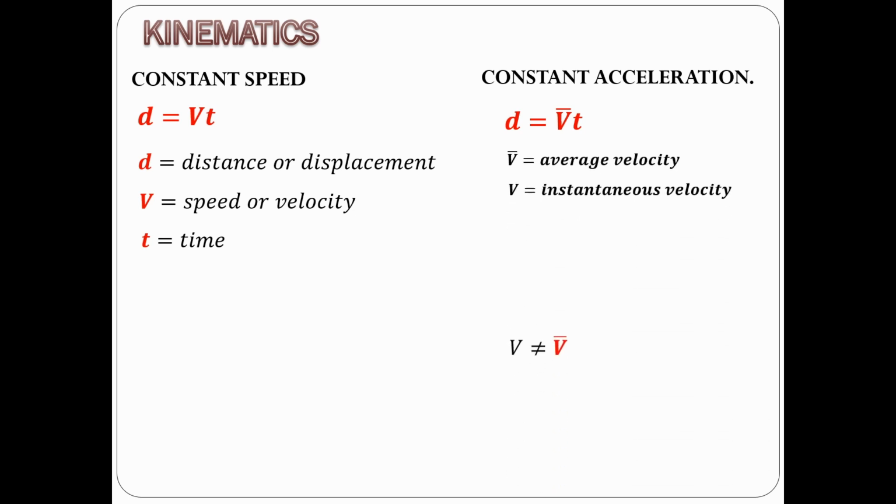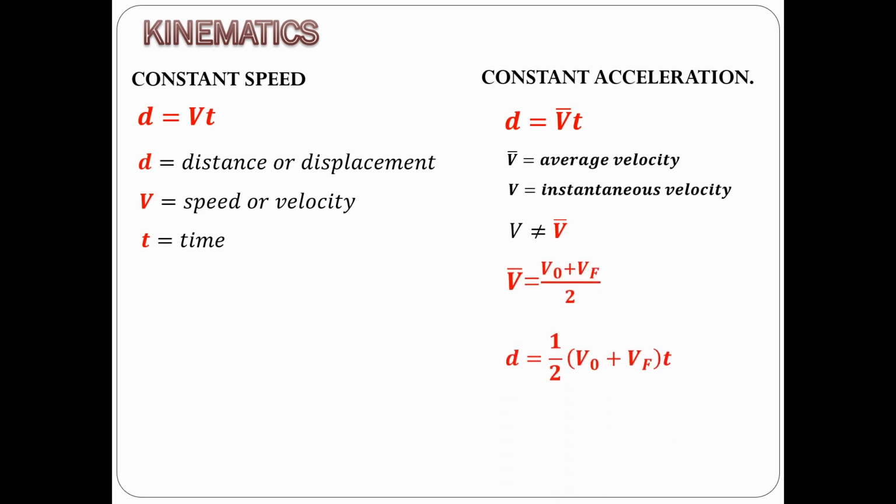Now the formula for average velocity is the average of the initial velocity and the final velocity. If we substitute this equation into d = vt, we will arrive at this equation.